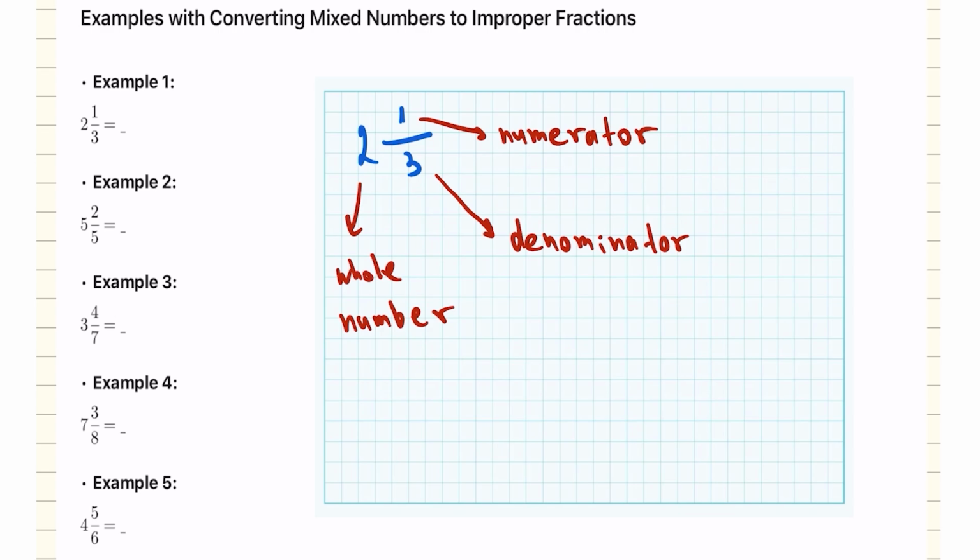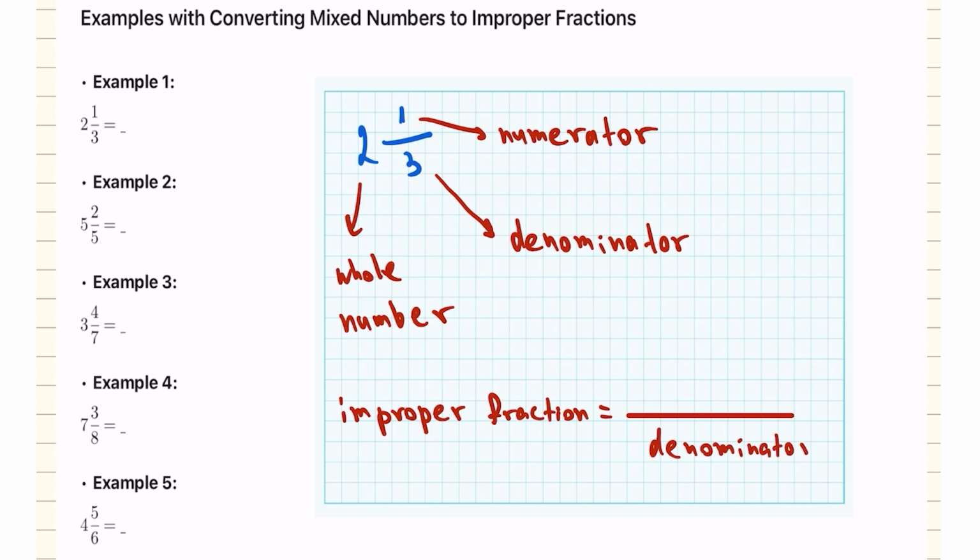Now, how do we convert mixed numbers to improper fractions? It's really easy. We put the denominator at the bottom, the denominator stays the same, and then we multiply the denominator by the whole number, and then we add the numerator.